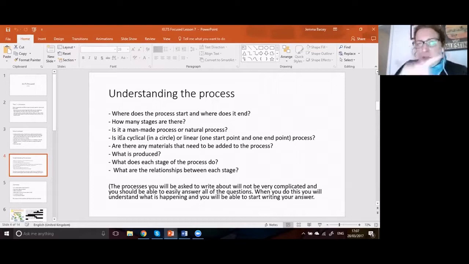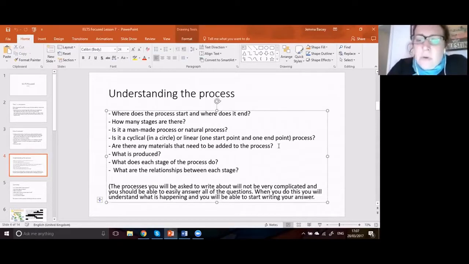Is it cyclical, like does it go round, or does it start at one point and finish at another? Also, is there any materials, or is there anything that needs to be added to the process? So maybe it's oxygen, maybe it's water, maybe it's sand, depending on what the process is. Is there anything that's added? What is produced at the end? What does each stage of the process do, and what are the relationships?